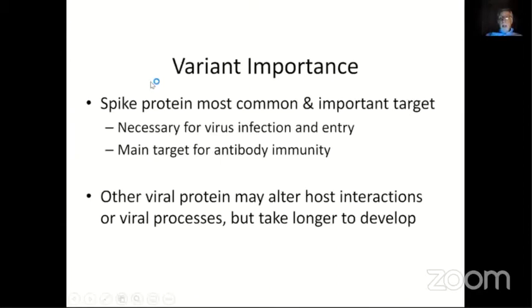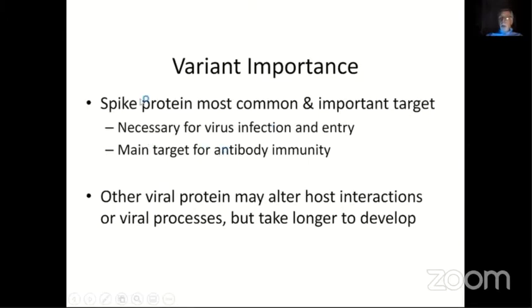Another point to outline is that the spike protein is the most common and important target for this variation. Variation may happen in all the different parts of the virus, but the spike is necessary for virus infection at entry. It is the main target for antibody immunity and also for the vaccines.